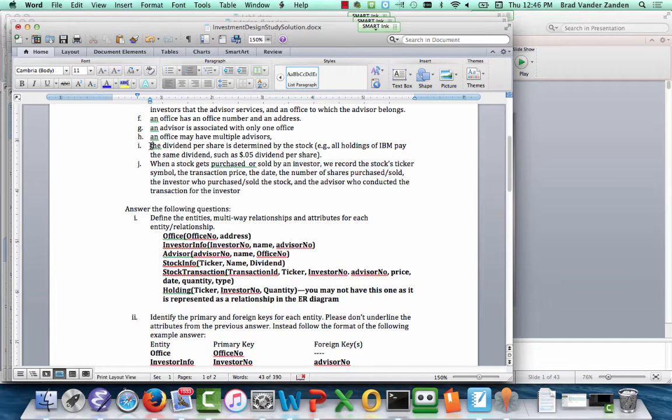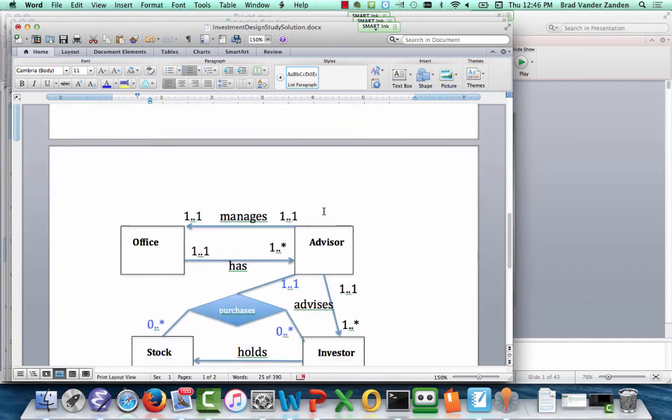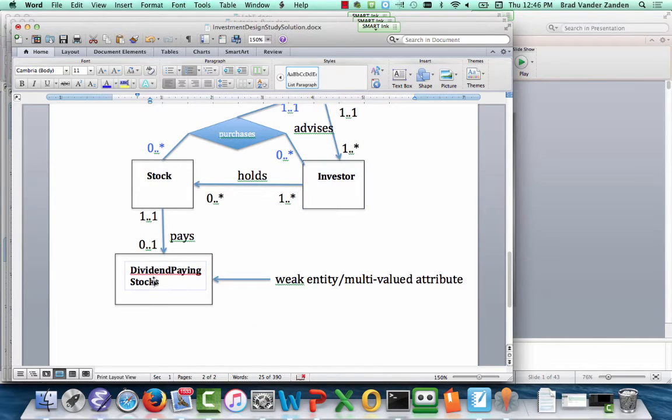So in I, it said that the dividend per share is determined by the stock. So some stocks pay dividends and some don't. So even though it's not a multi-valued attribute, you could decide that if there's going to be a lot of nulls in that column, you might decide to split it out as a separate entity like that. So I just did it there. That's actually what the book calls a weak entity.